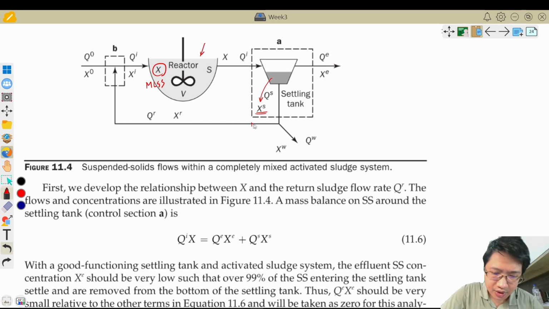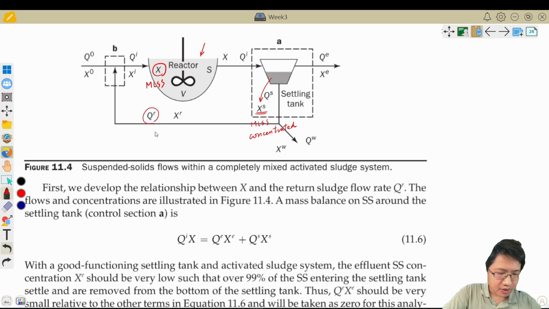So here the MLSS is concentrated, and here is your recycle ratio, the flow that sends the biomass back to your system.